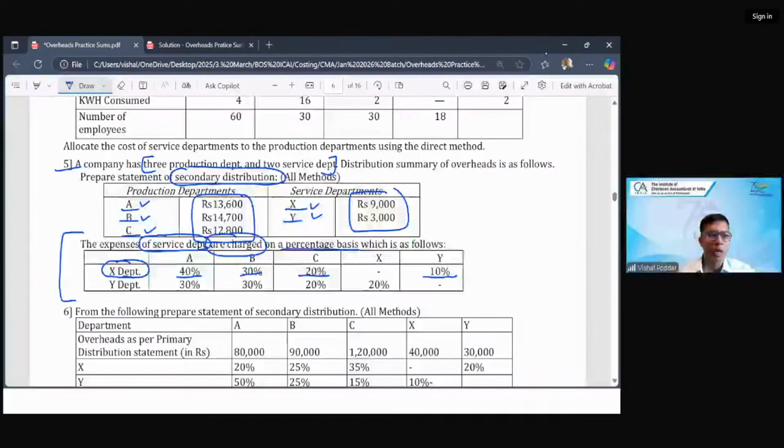Similarly, when you see Y, you will find that Y is giving 30% of its service to A, 30% to B, 20% to C, and also 20% to X. So effectively, X is giving to Y and Y is giving to X. It means the question originally is of which category? Yes, Meenu, correct. It is of the reciprocal category.